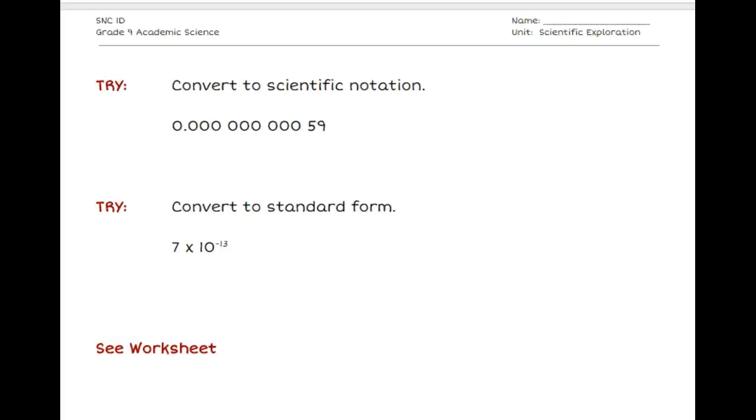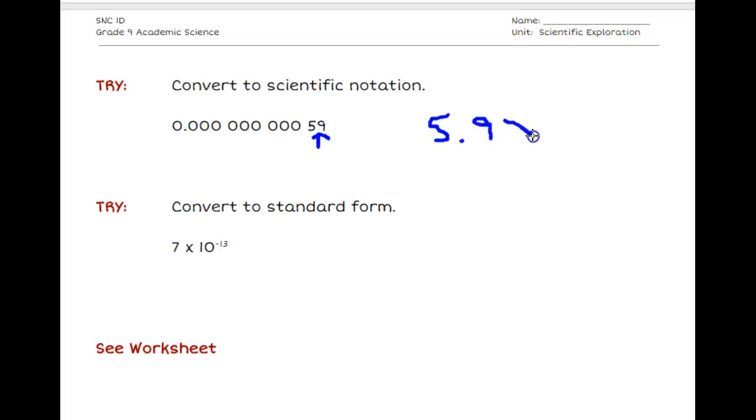All right. So let's solve this. When I look at this question here, I have a very small number. So I'm going to move my decimal place to a position between the 5 and the 9 because that will give me 5.9. And I need that value to be less than 10. So 5.9 is what I have as my base for this number written in scientific notation.